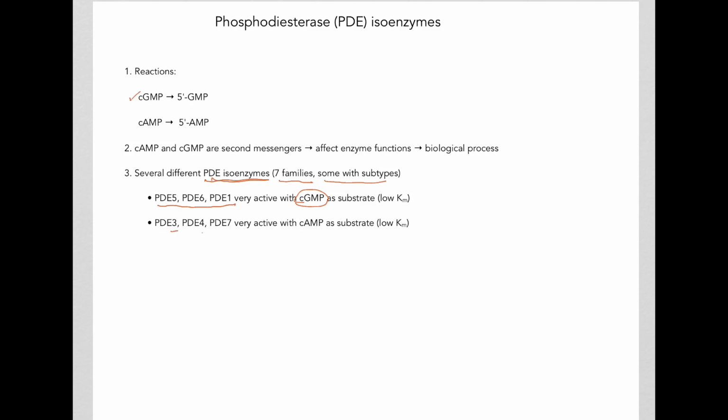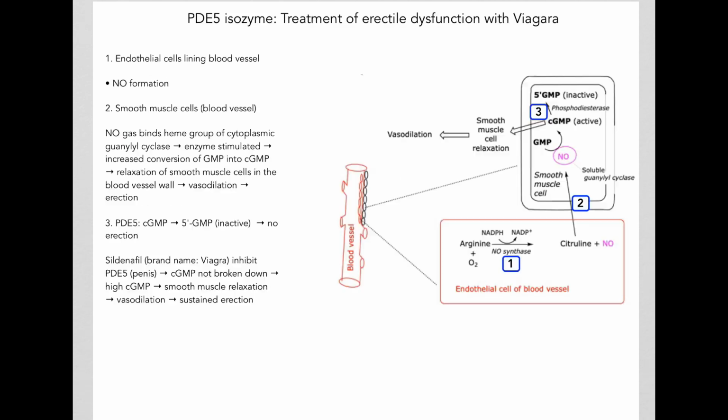Others, such as 3, 4, and 7, will catalyze the breakdown of cyclic AMP very well. So let's look at an application, and this is in the treatment of erectile dysfunction with the drug Viagra. So this specifically, we are dealing with the isoenzyme PDE5.